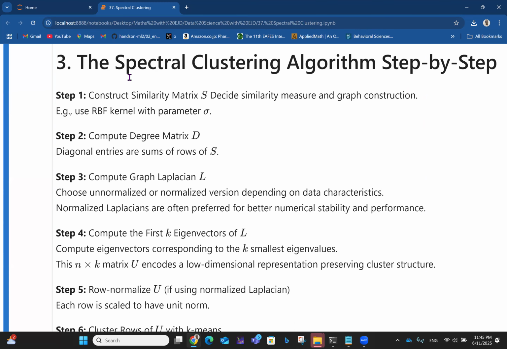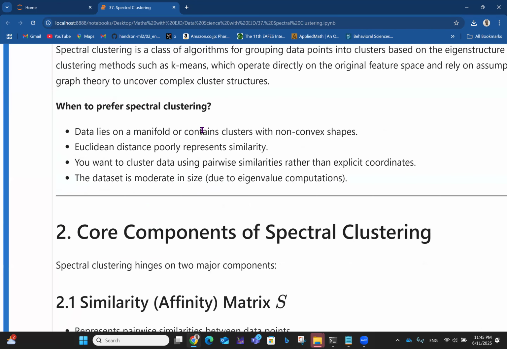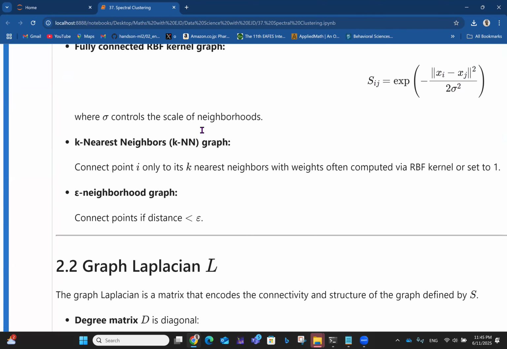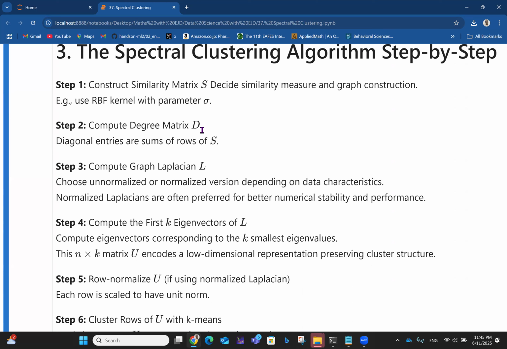Okay, let me just use it that way. So step one again, construct similarity matrix S, and there you're deciding the similarity measure and graph construction.